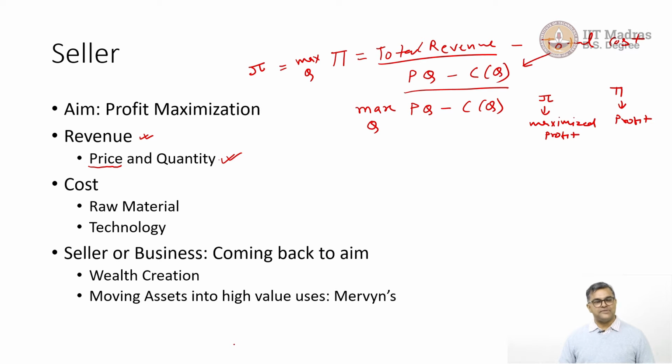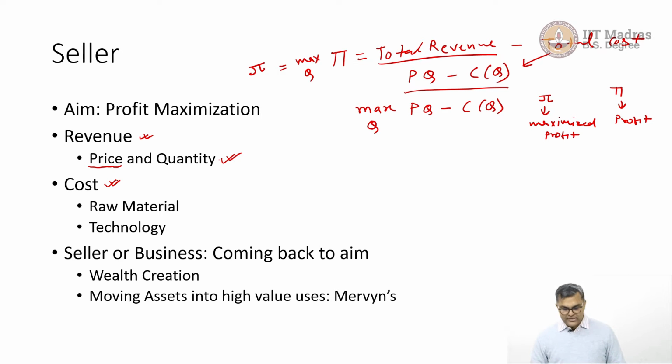Technically all the time the seller can decide, but think about a situation when someone is selling an identical product at 50 rupees, can you sell it at 60 rupees? You cannot, no one will buy from you. So, there is a constraint on your pricing decision. We are going to learn about different business environments, different market environments that put constraints on your pricing decision in the next slide. Let us get back to cost.